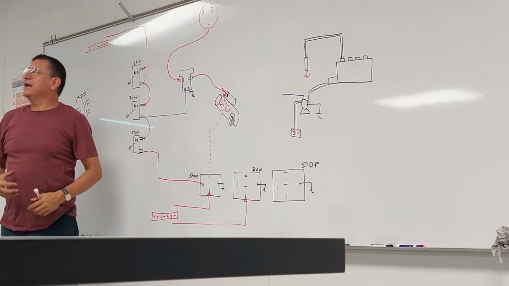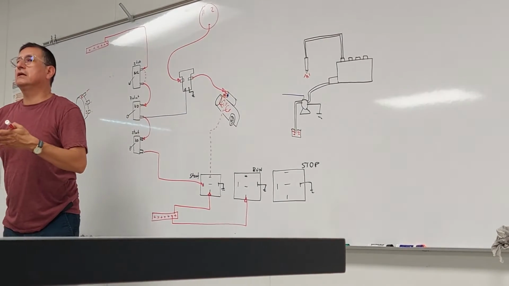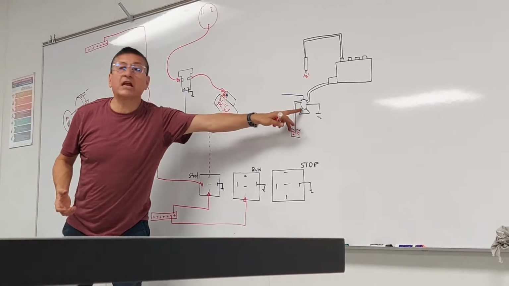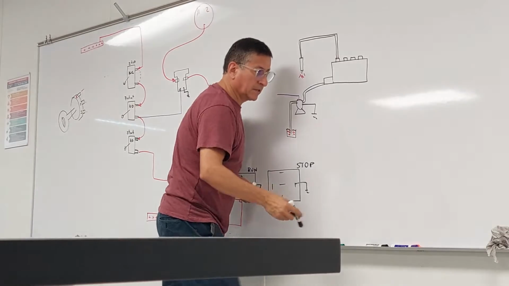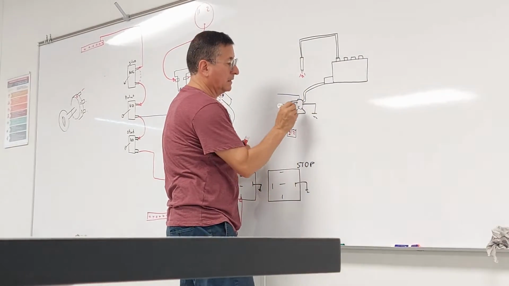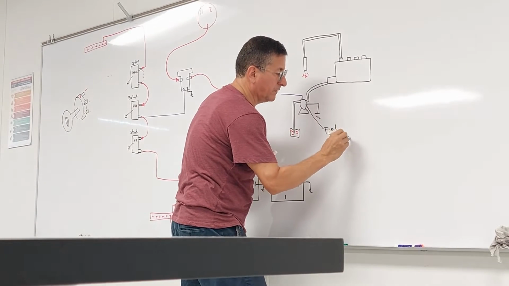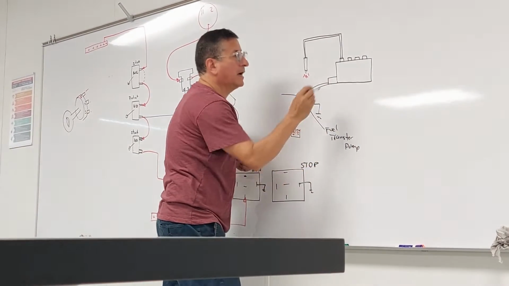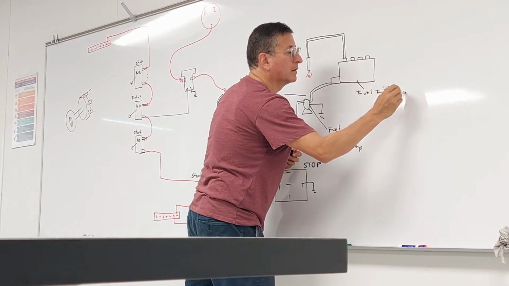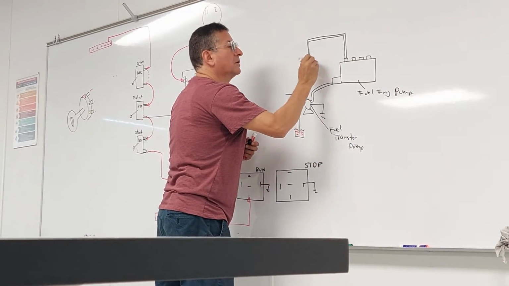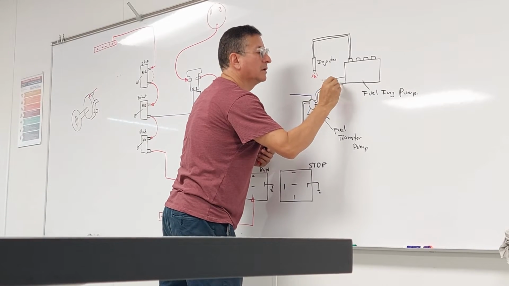With the run relay running, I want to feed the fuel pump, the fuel transfer pump, and this is the fuel injection pump, and this is the injector, and this is the solenoid.